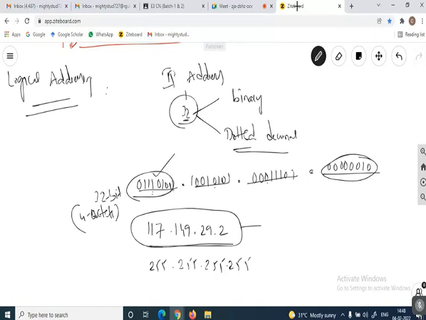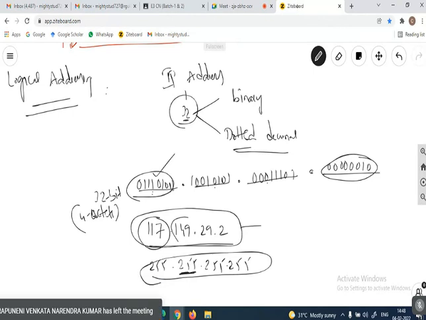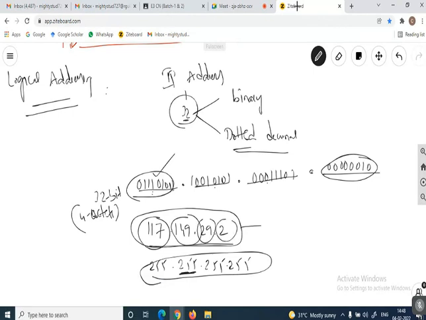All zeros may be the one device, and the last IP address of the 4 billion connecting computer devices is this. Suppose if you are using another binary combination, you are going to get another IP address, and at the same time the maximum number is 255, so that means any number cannot be more than 255.